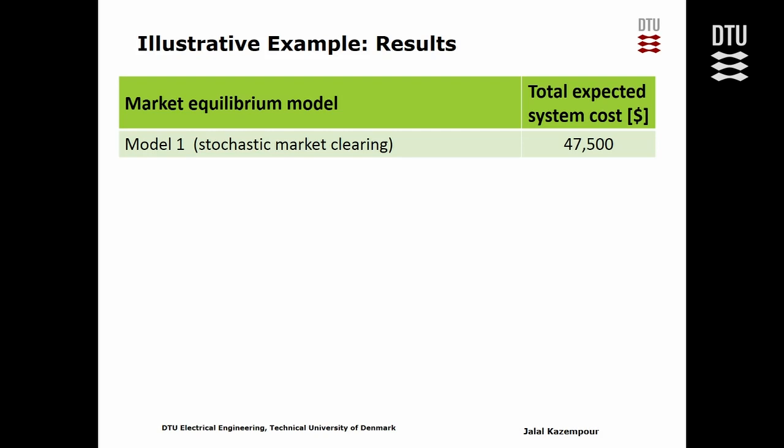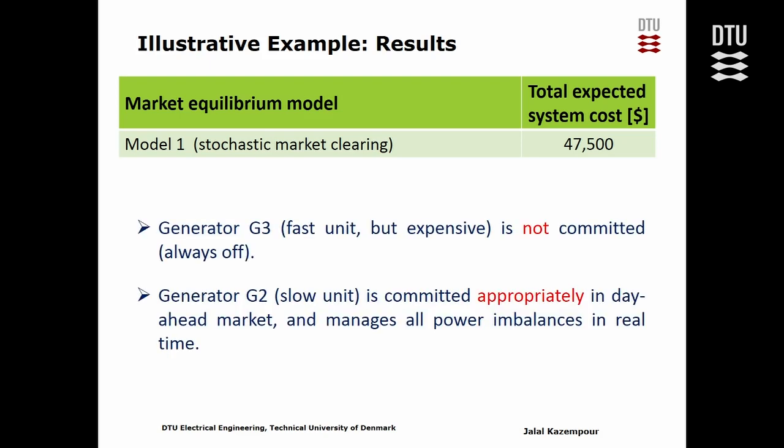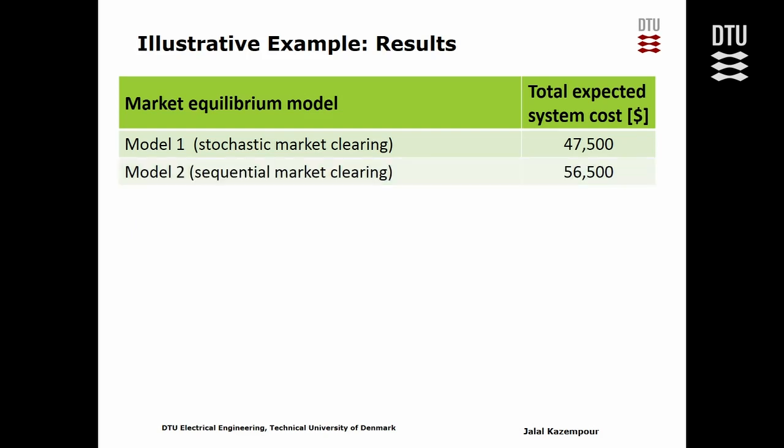We see it as ideal solution. It means that we decide day ahead decisions while we see what may happen in the real time. Okay? You can read it later about the descriptions, what's the schedule of different generators in day ahead.